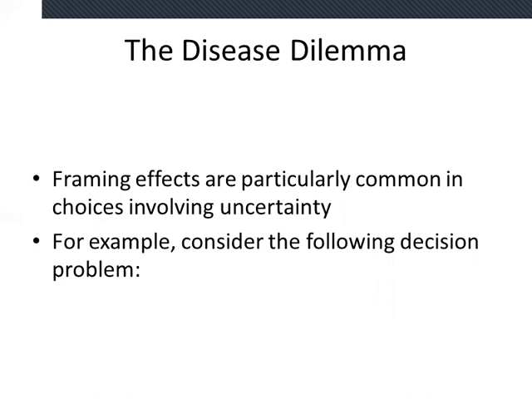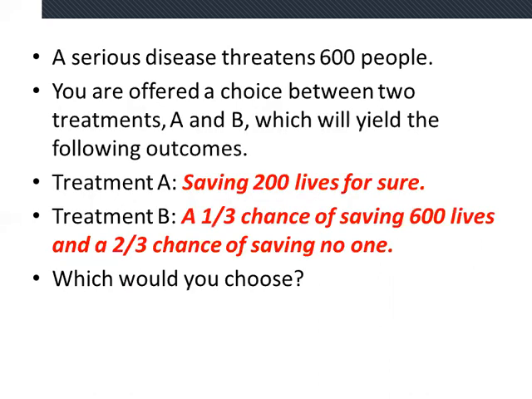For example, consider the following decision problem. A serious disease threatens 600 people. You are offered a choice between two treatments, treatment A and treatment B, which will yield the following outcomes. Treatment A results in saving 200 lives for sure.